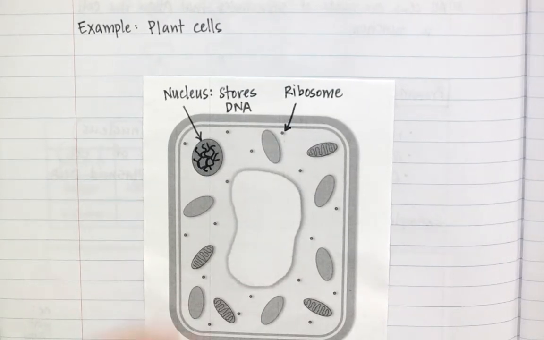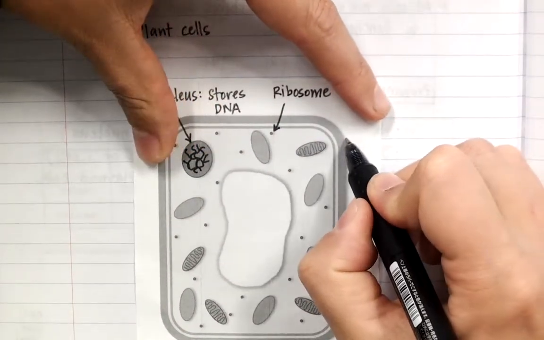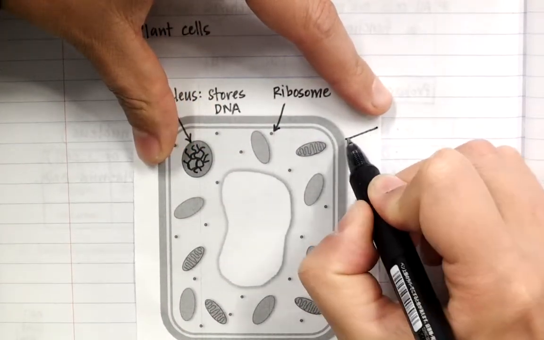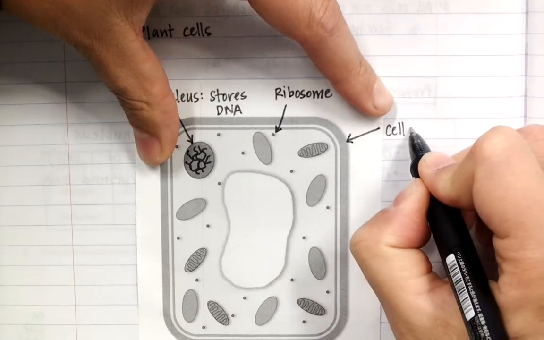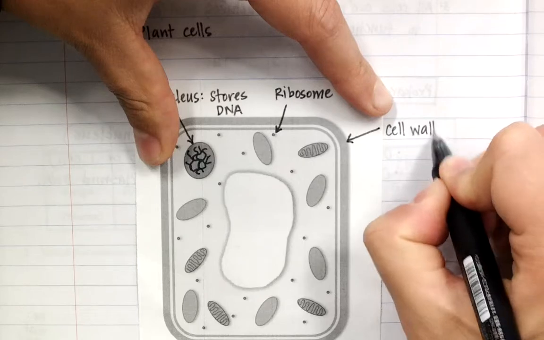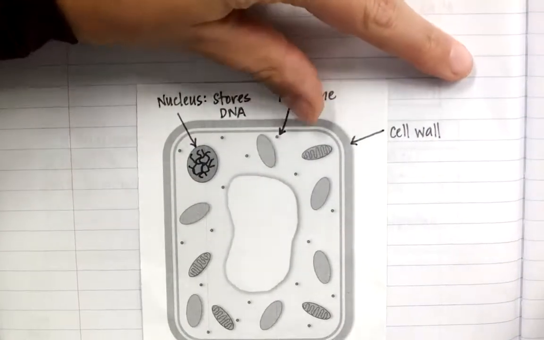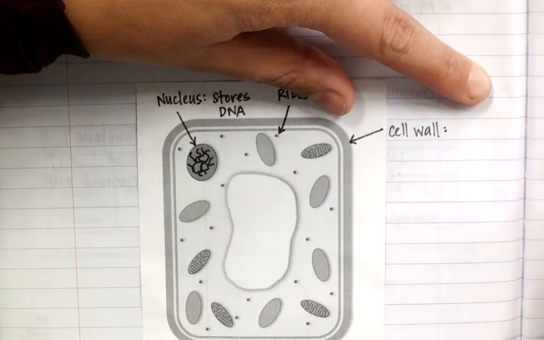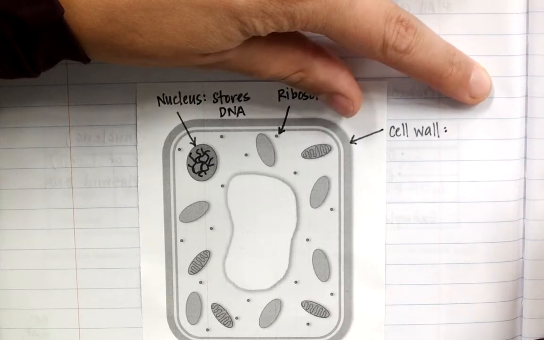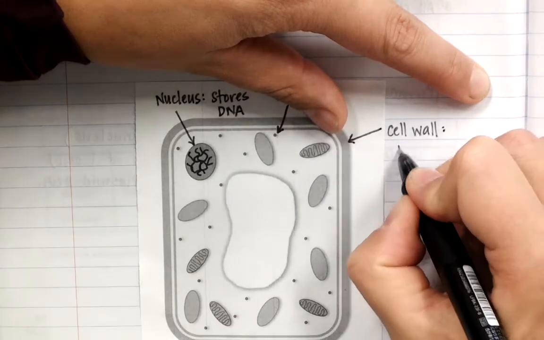Okay, the next thing that we have is this outer edge. The outer edge is the cell wall. Now, just like bacteria, plant cells have a cell wall. It has the same job, so it's going to provide for structure and support, but in plants, the cell wall is made of cellulose.